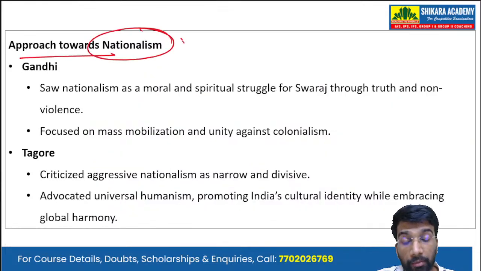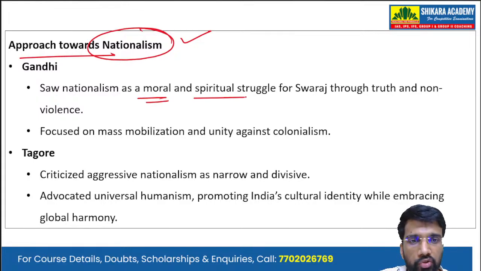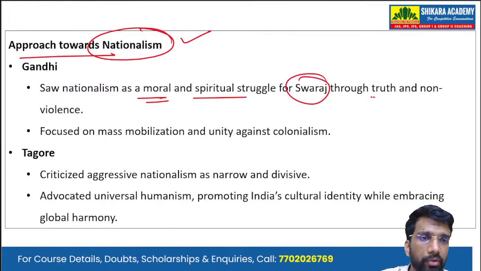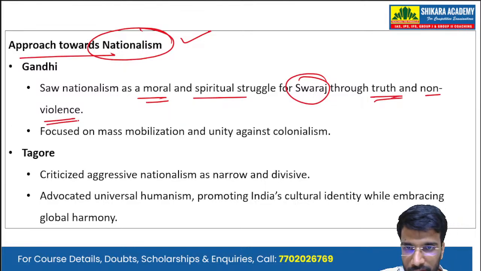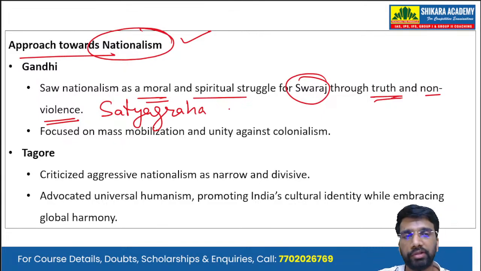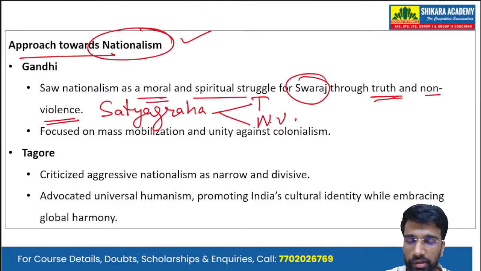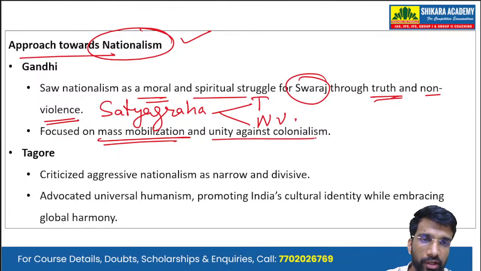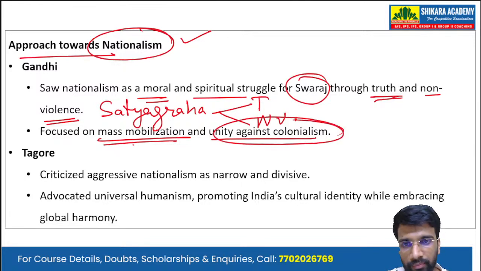Mahatma Gandhi's approach, their approach towards nationalism. So Gandhi saw nationalism as a moral and spiritual struggle for Swaraj through truth as well as non-violence. So Mahatma Gandhi's idea of Satyagraha, we know. The two pillars of Satyagraha were truth and non-violence. And Mahatma Gandhi focused on mass mobilization and unity against colonialism.